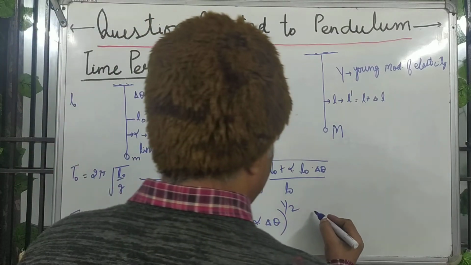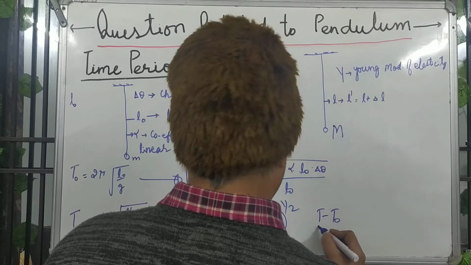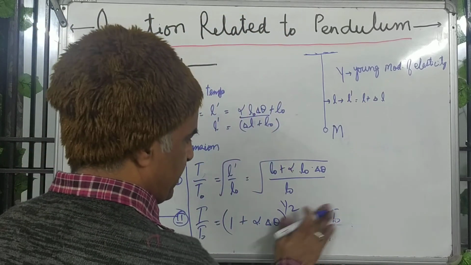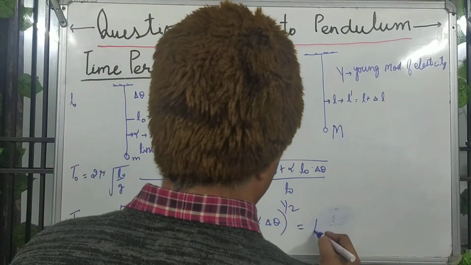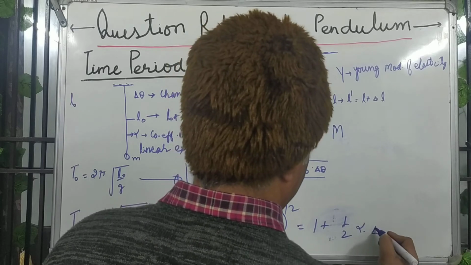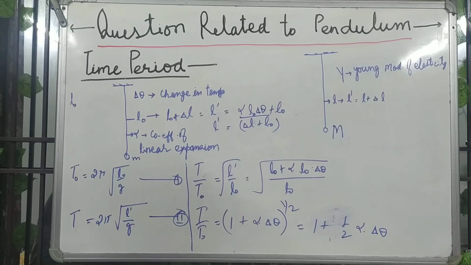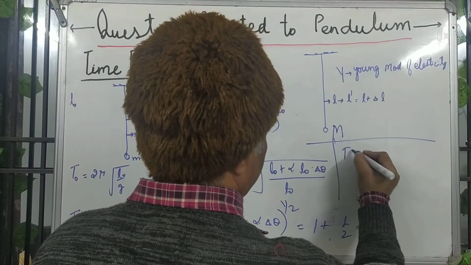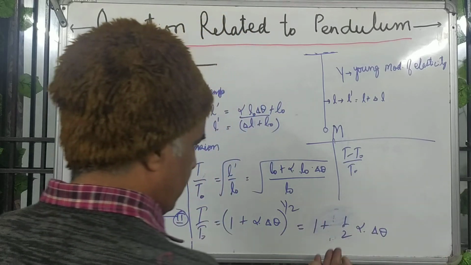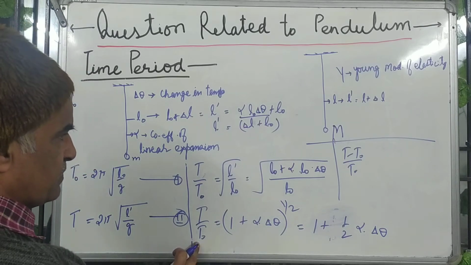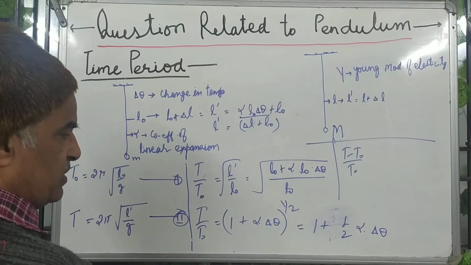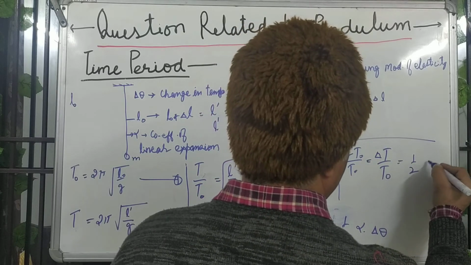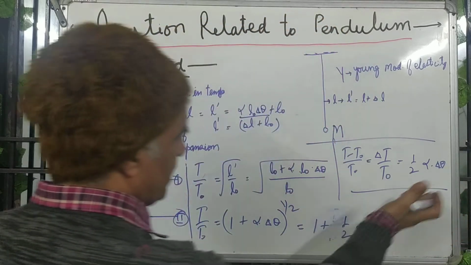Taking 1 to this side, you will find T minus T naught upon T naught, which is delta T upon T naught, equals half alpha into delta theta. I skipped a little here, but I have covered that also.